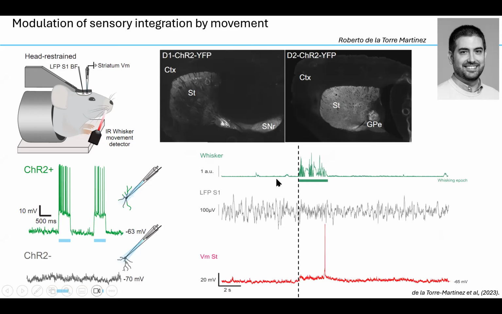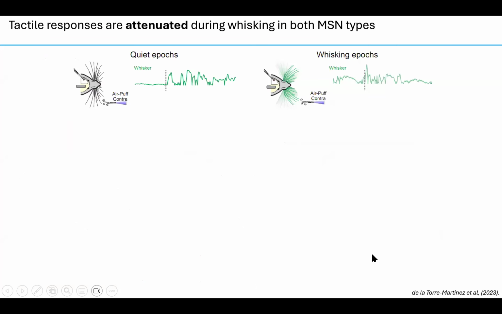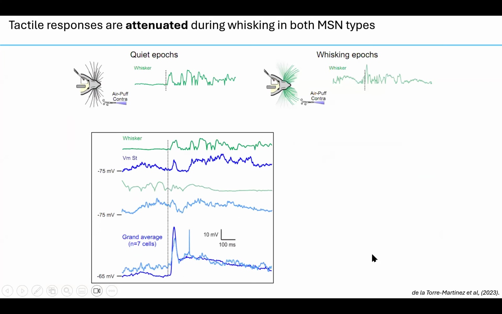And this is how a normal trace of the experiment looks like. We can see the whisking epoch with the diode. We can see the local field potential and the subthreshold activity of neurons in the striatum. And to cut the long story short, what we saw is that there is an attenuation of the sensory response when the animal is whisking.